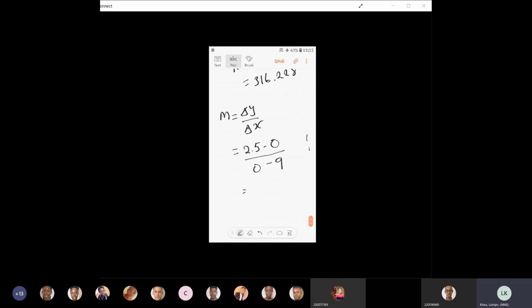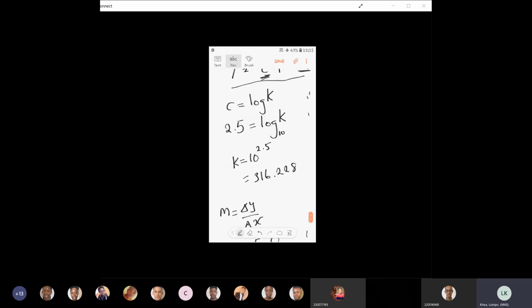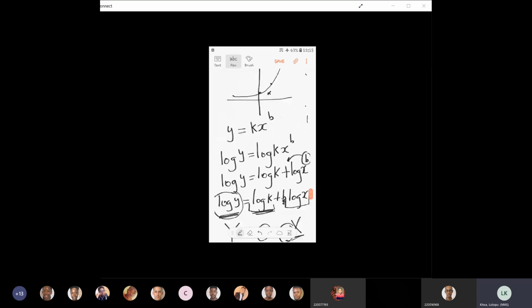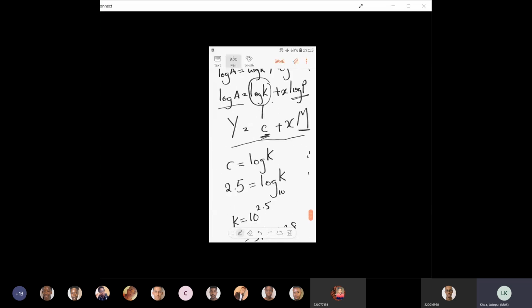So 2.5 minus 0 is just 2.5. 0 minus 9, that is negative 9. Then when you divide the two, leave it as a fraction, you get negative 5 over 18. So it has a negative gradient, and you can see from the drawing, what is that?